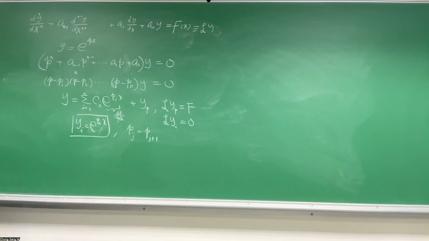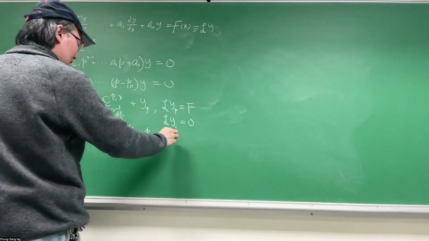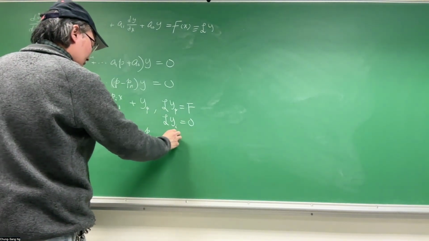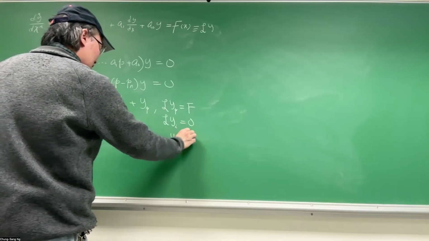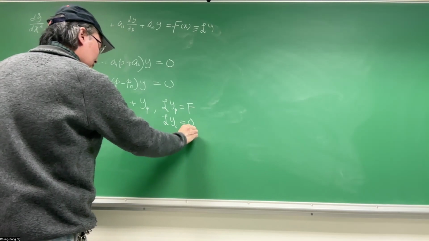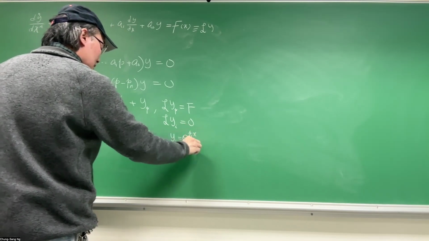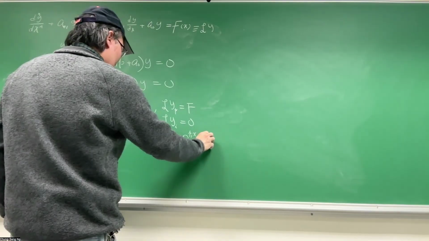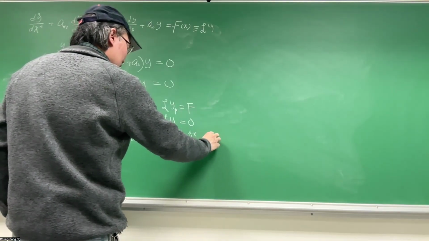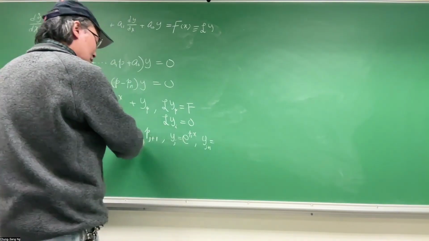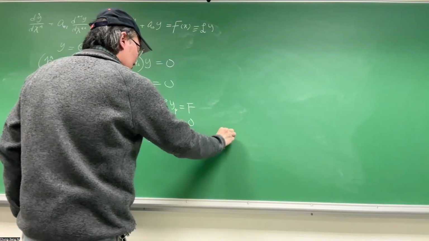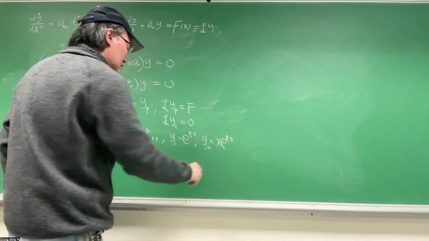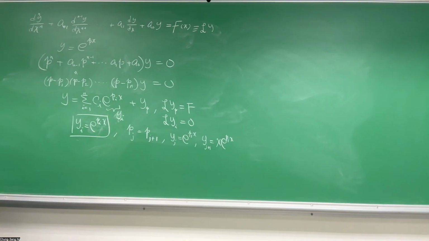Then what we can do is choose one of them, y_j, to keep as e to the p_j x, and then y_{j+1} will use the same p, because the p is the same, but you multiply by x here to make it linearly independent.